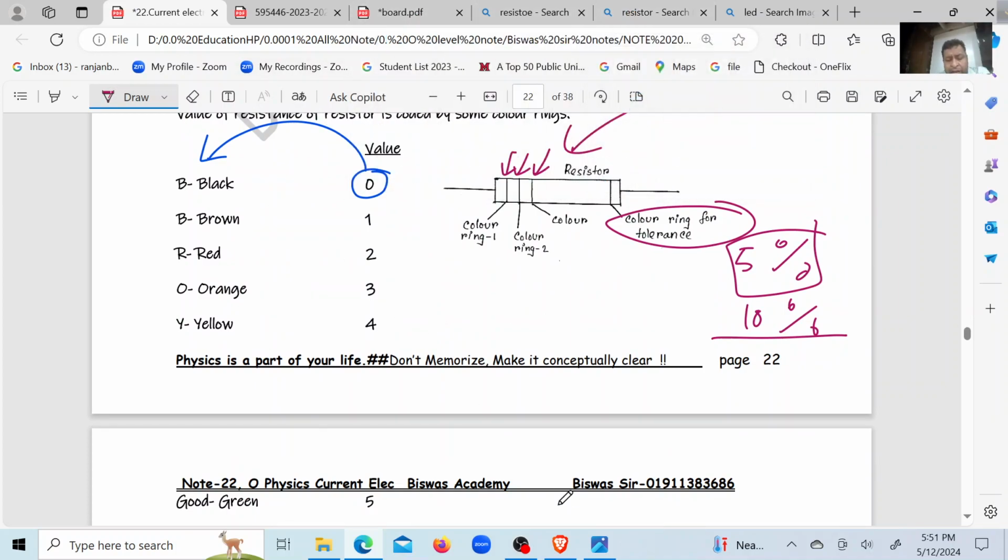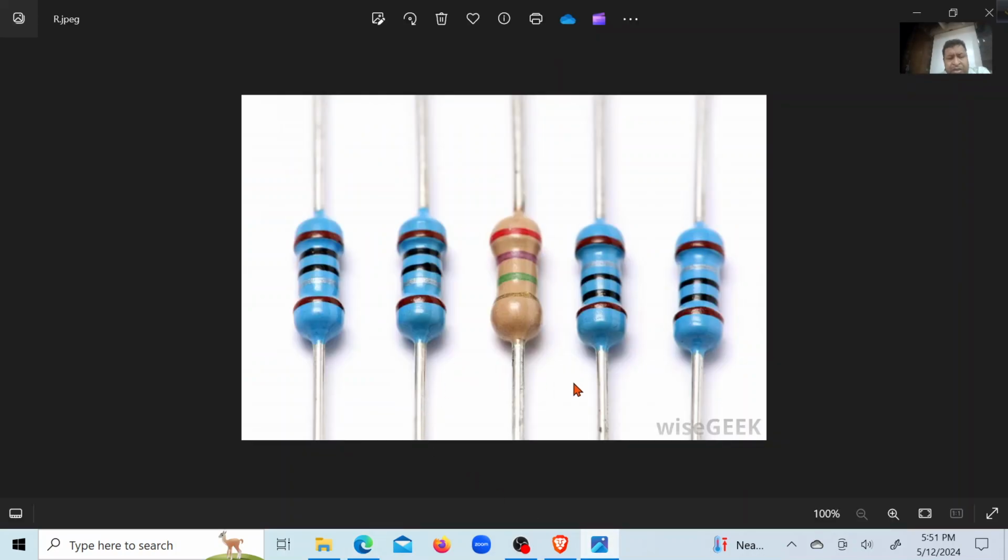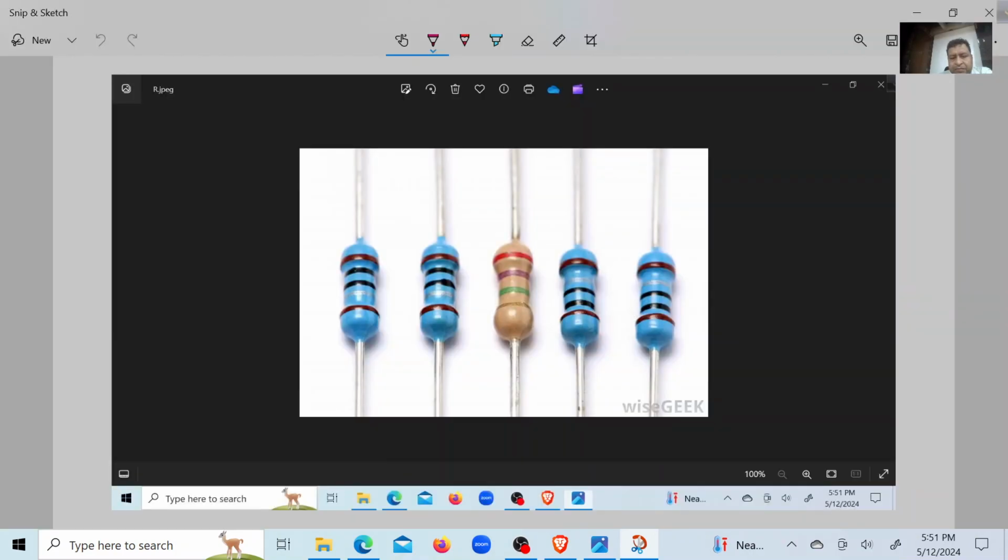Now look, if you want to know the resistance of this one, then look, this is the first ring, it is red.